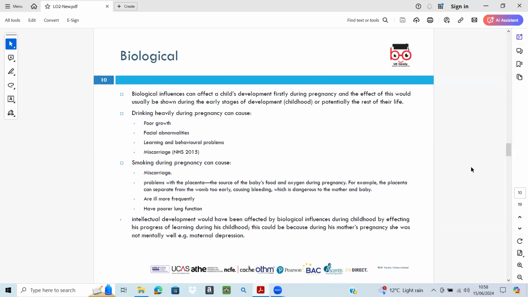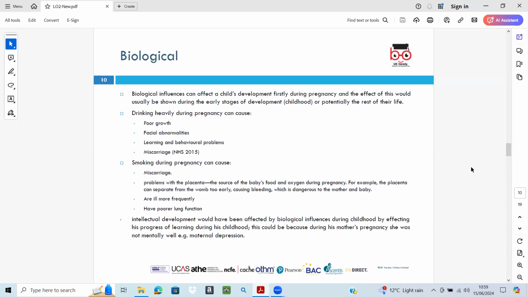Smoking can impair lung development in the child, leading to long-term respiratory issues as well. Then we have intellectual development. Maternal smoking during pregnancy, especially in cases of maternal depression, can impact the child's intellectual progress and learning abilities during childhood.